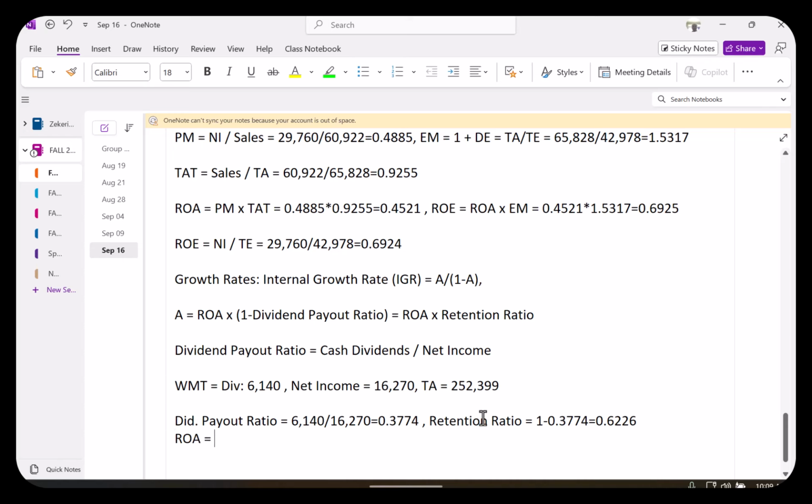ROA for Walmart is net income over total assets, 6.45%. Just as I predicted, it's a much lower number compared to NVIDIA, but that doesn't mean Walmart is not a profitable company.